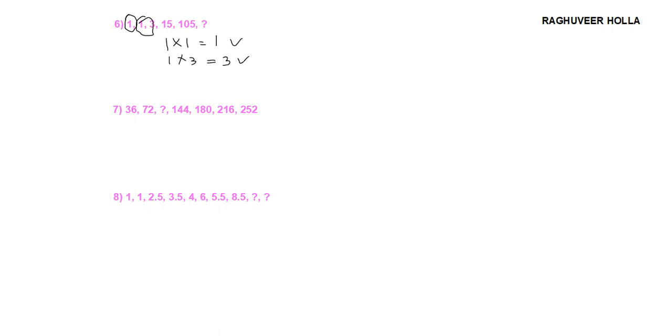Again the next should be multiplied with 5, so 3 into 5, that would be 15 for the next one, and 15 into 7, that is 105, and now I got 105.